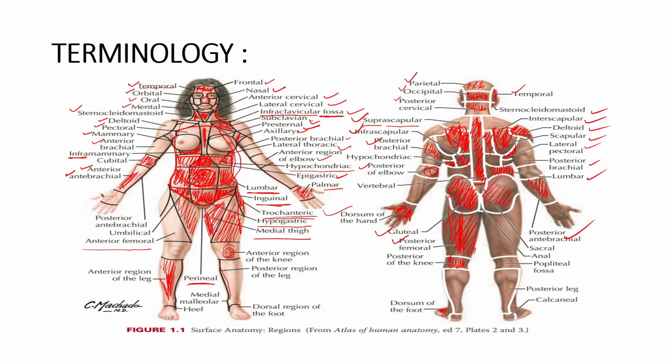This is called sacral. Here we know that in the vertebral column also the sacral region is there. This is the sacral region. Here anus is there, so anal. Popliteal fossa. Fossa means depression. Here we know that this region is a little bit dipped, so this is popliteal fossa. Okay, this is the posterior part of the leg.